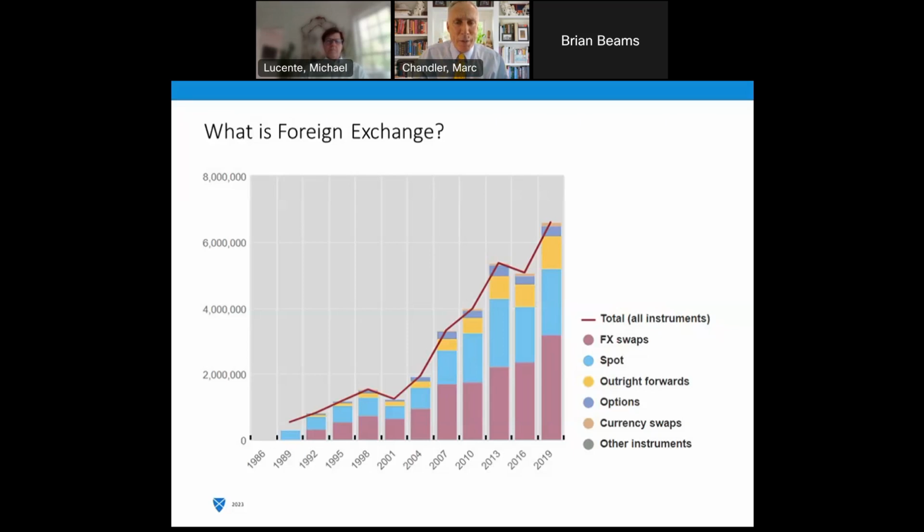And since then, we've ushered in this era of managed and floating exchange rates. The deregulation of the capital markets, the increase in world trade, the development of financial structures, all has led to this huge growth in the foreign exchange market, in which the dollar still plays a dominant, but of course not an exclusive role.